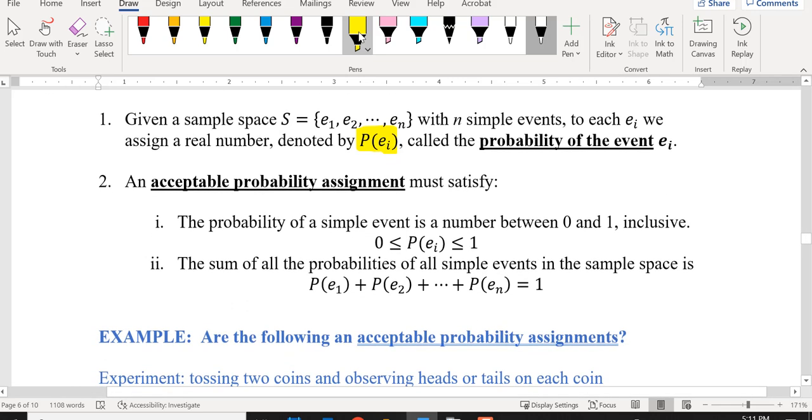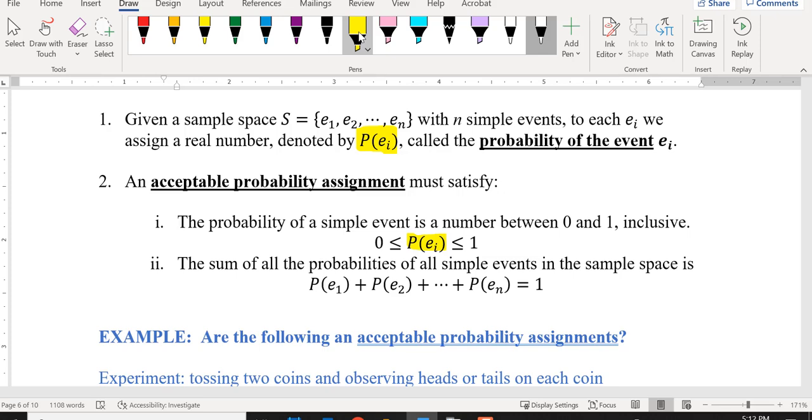Okay, there's rules to that though. An acceptable probability assignment must satisfy the following 2 rules. The probability of a simple event has to be a number between 0 and 1 inclusive. The probability of every event has to be a number between 0 and 1.